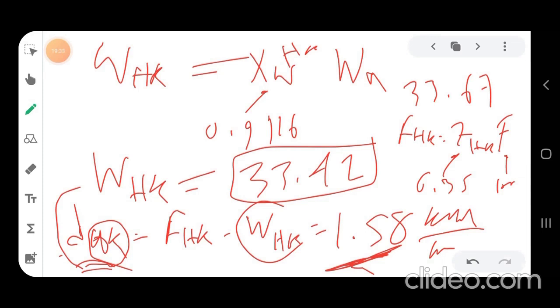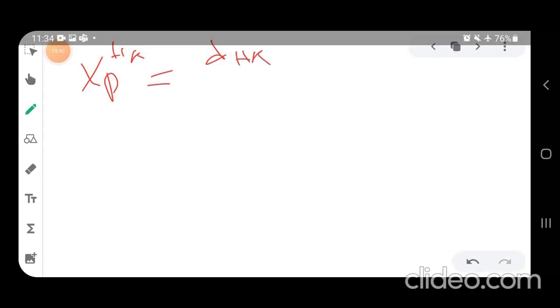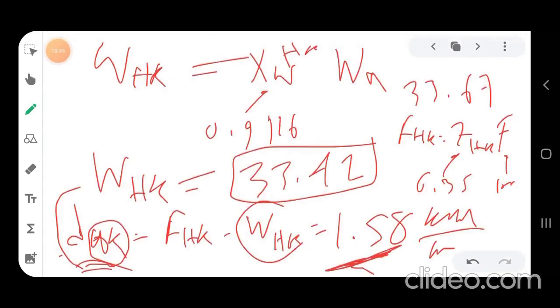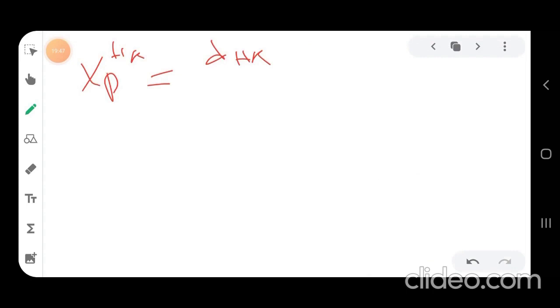Similarly, we can determine also the XD, the distillate composition of the heavy key, from the distillate flow rate of the heavy key that we have just determined over the total distillate flow rate, which is the common definition of composition. Composition is just the individual molar flow rate over the total molar flow rate. Since it is for the heavy key, I am using the individual flow rate of the heavy key.